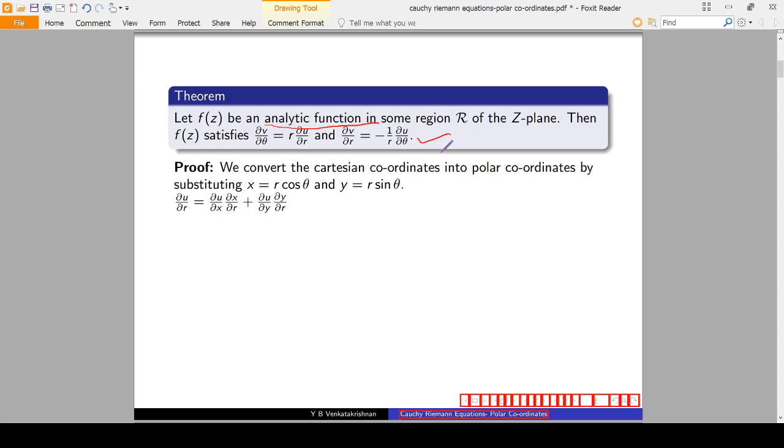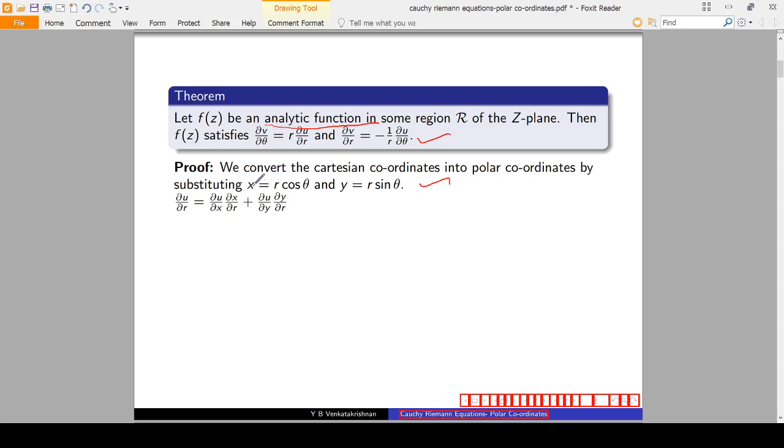Of course, for the proof you can proceed as we did in the case of the Cartesian coordinates. But now what we will be doing here is that we know the transformation from Cartesian coordinate to polar coordinate system. So using this transformation, we can derive the CR equations from the Cartesian coordinates that we know.